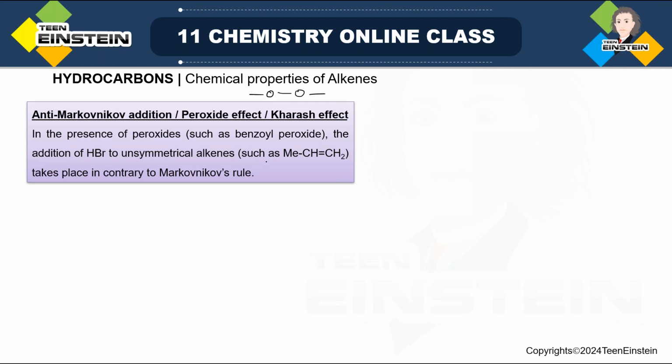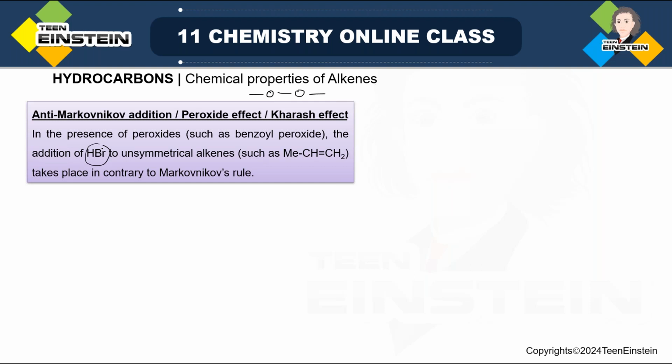In the presence of peroxide compounds, for example benzoyl peroxide, the addition of HBr, and it is only for HBr. Don't think that anti-Markovnikov is applicable for all HX. No, it is only for HBr. That is why HBr is specifically mentioned here.